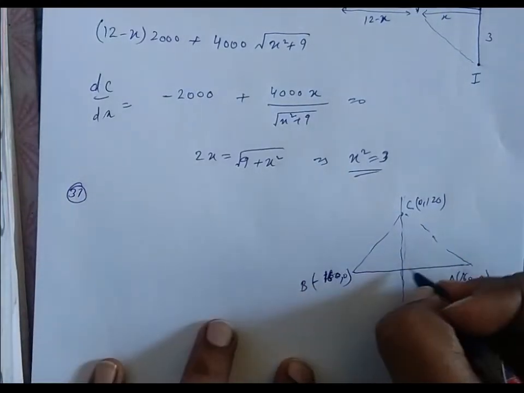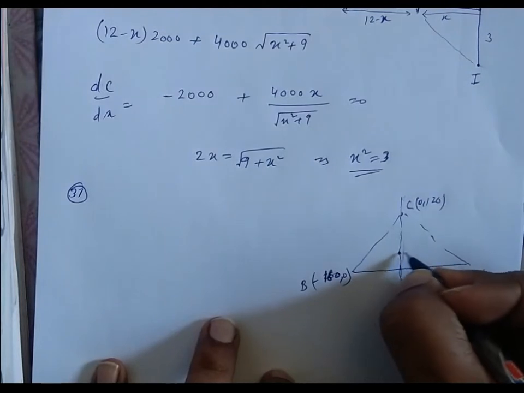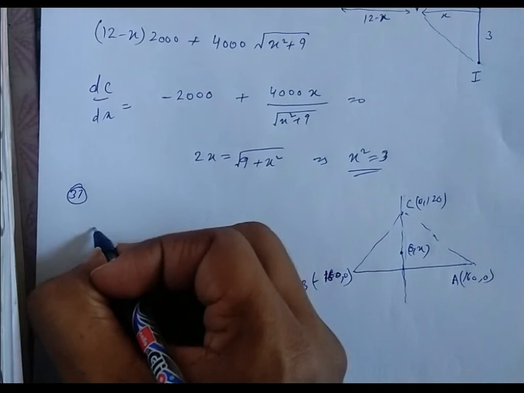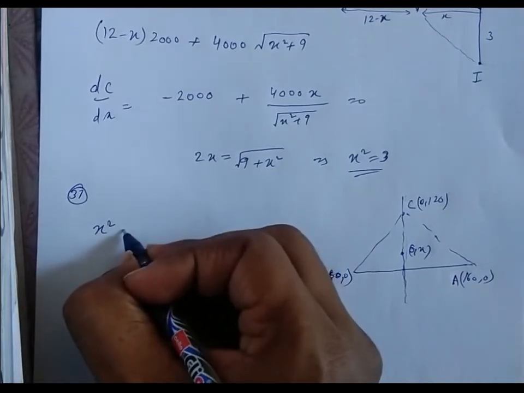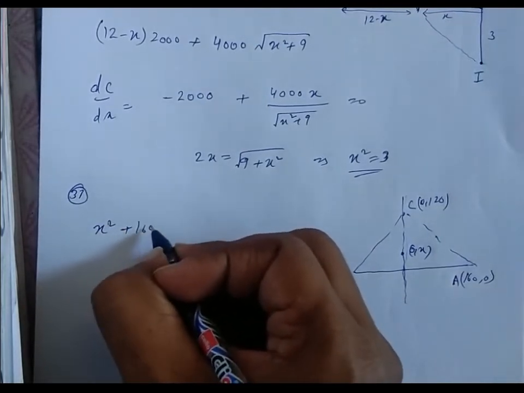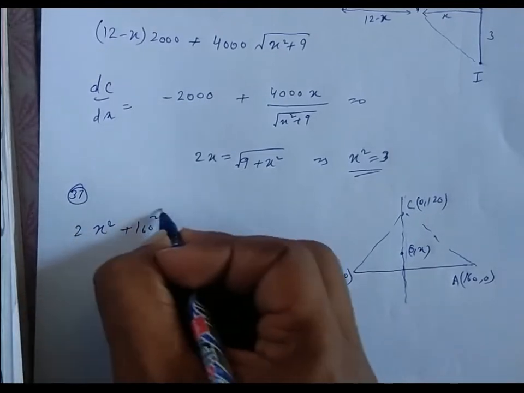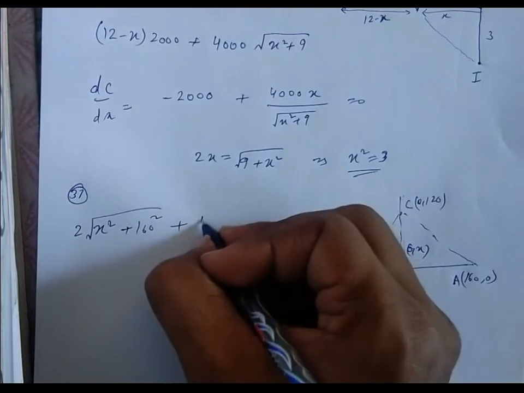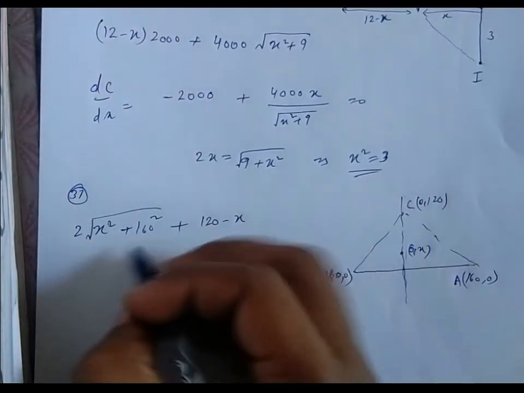Okay, so let the godown be located at (0, x). So we need to minimize twice the square root of x square plus 160 square, plus (120 minus x).